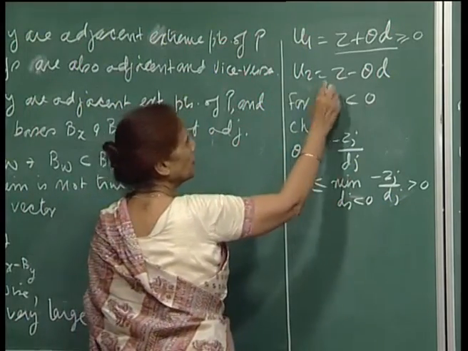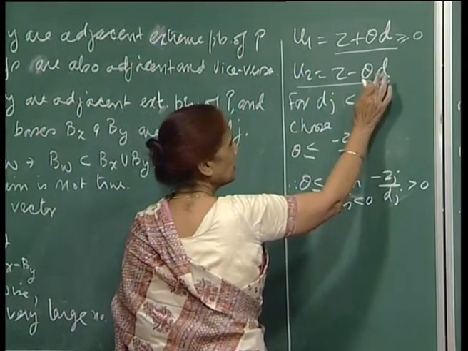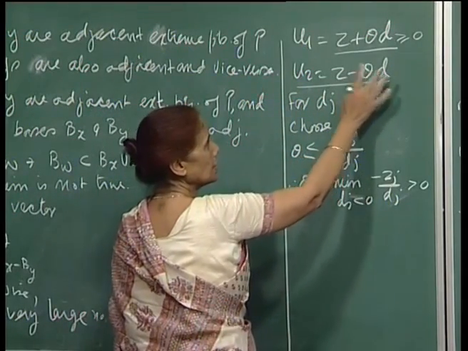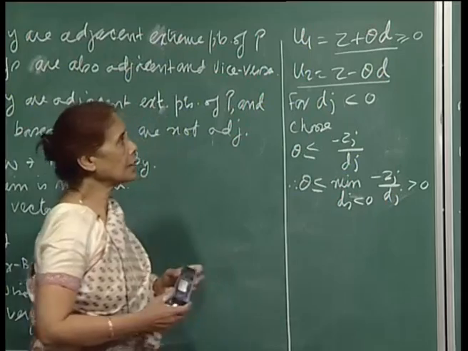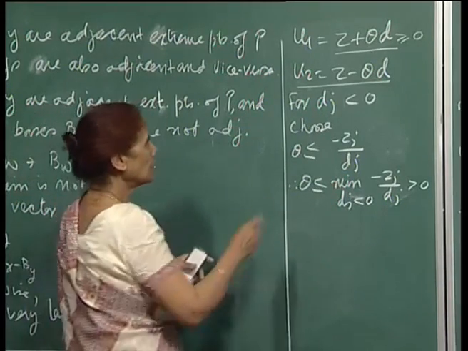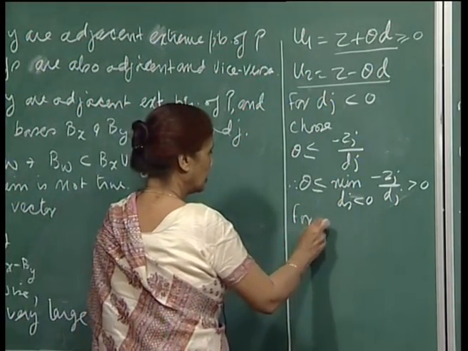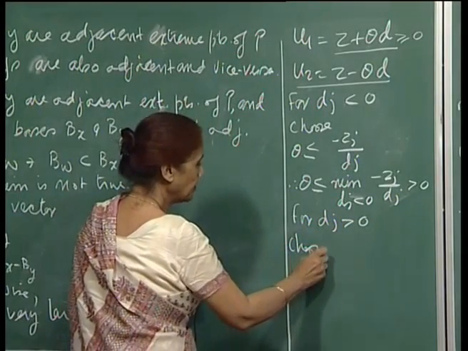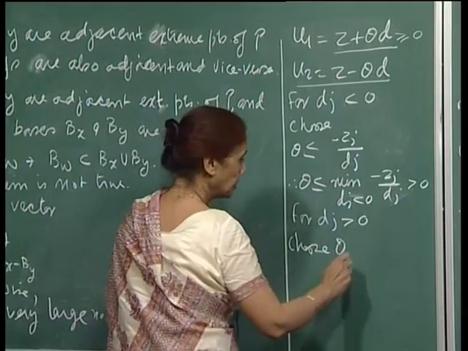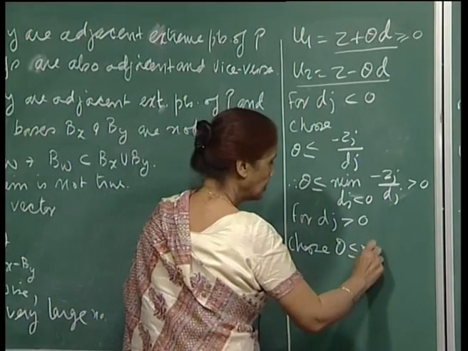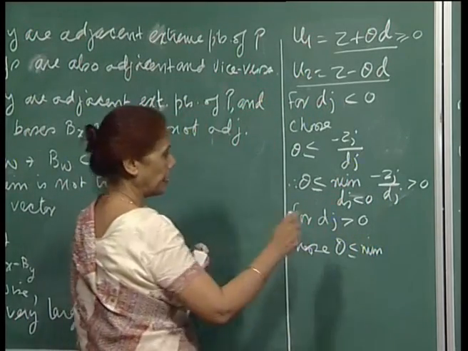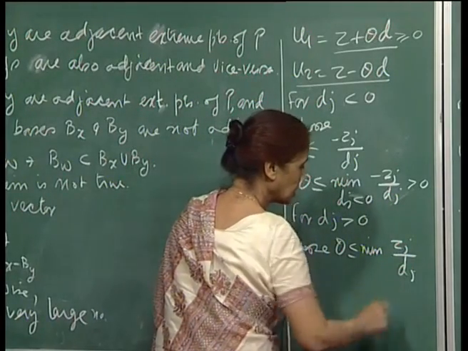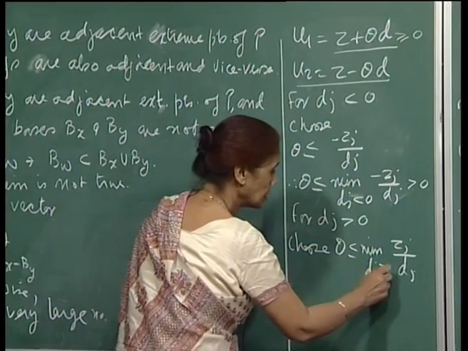Similarly, for U2, you have to take care whenever a component of D is positive, then again my choice of theta should be such that the corresponding component does not become negative. So, for Dj greater than 0, choose in the same way theta to be less than or equal to the minimum of Zj upon Dj, with Dj greater than 0.